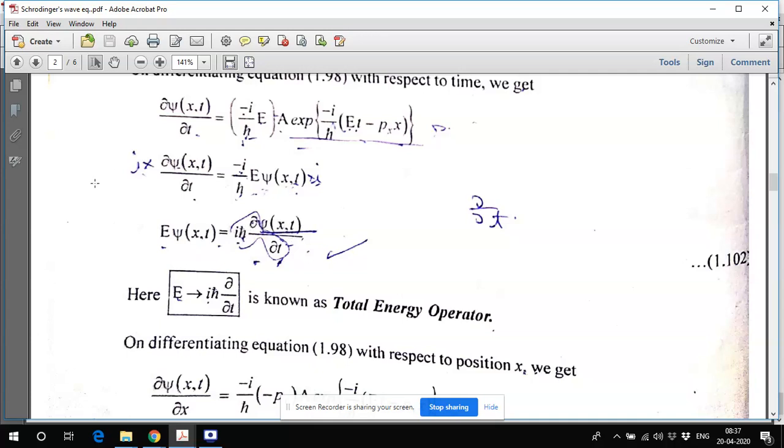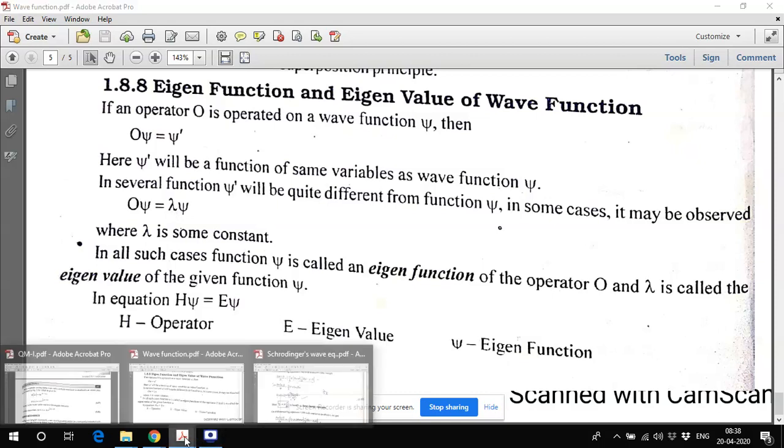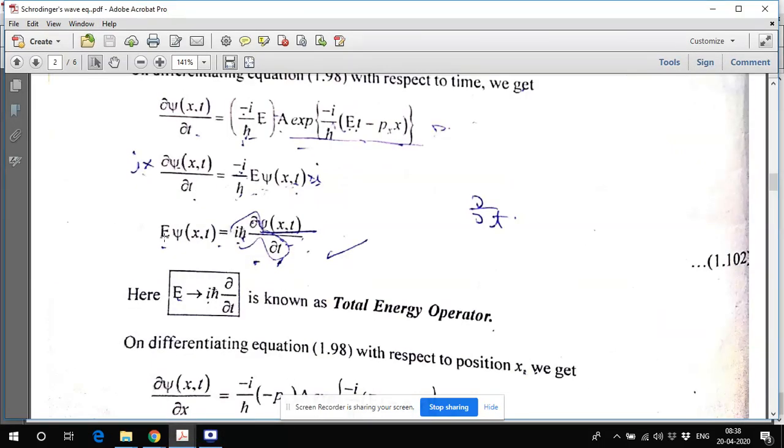Now if you compare the left and right-hand sides, as I told you, it is the operator kind of thing. If I operate with E on psi(x,t), it will give me psi(x,t) once again, with this factor i h cross del by del t.